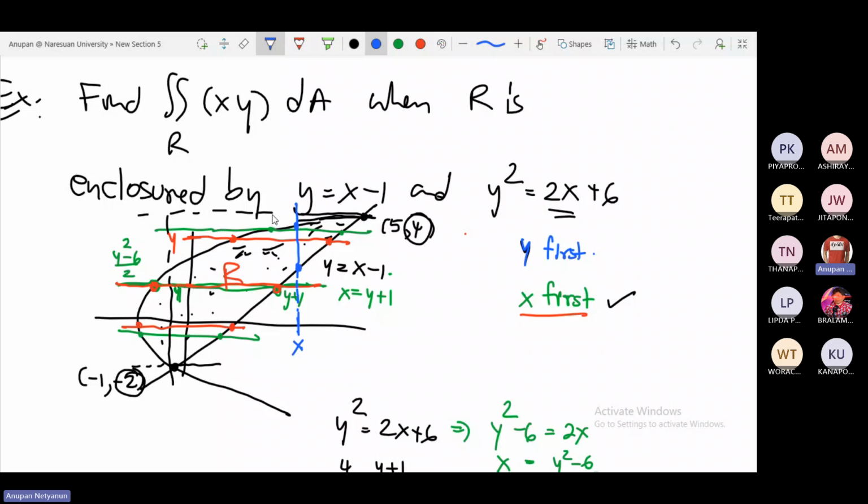Now let's move to another x. At this constant x, the top is a point on the parabola, and this is a point on the line. Still the same pattern, right?